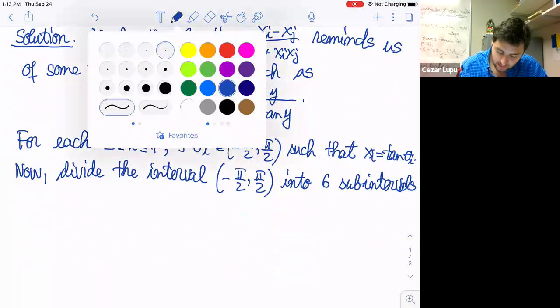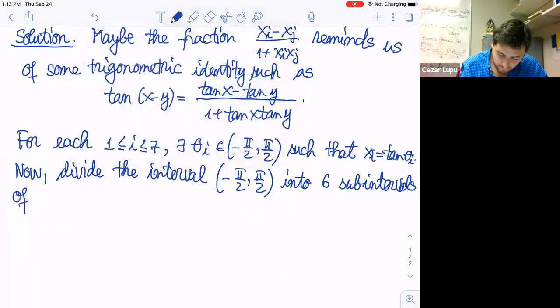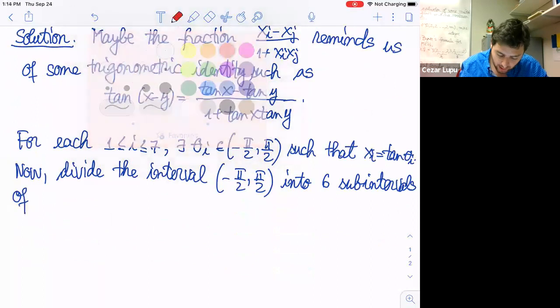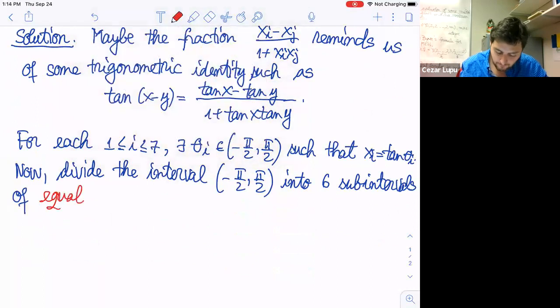So these intervals need to be distanced equally. How should I distance them equally?